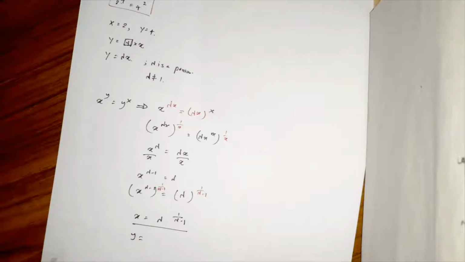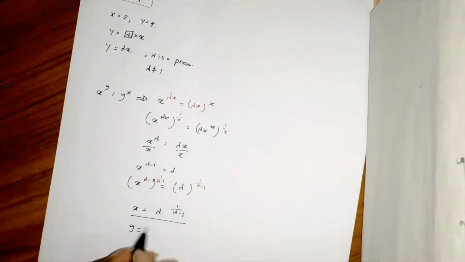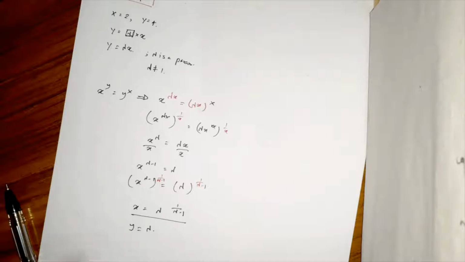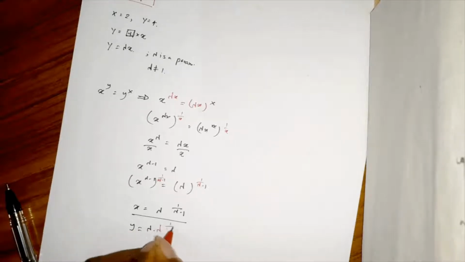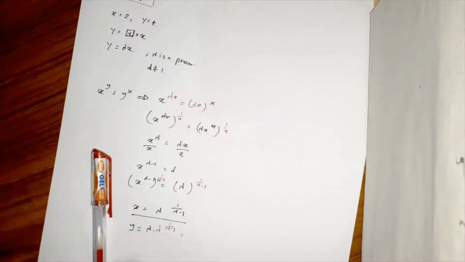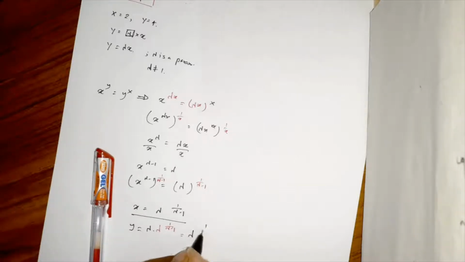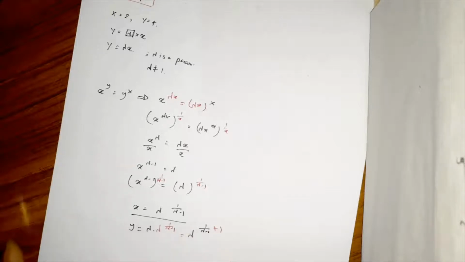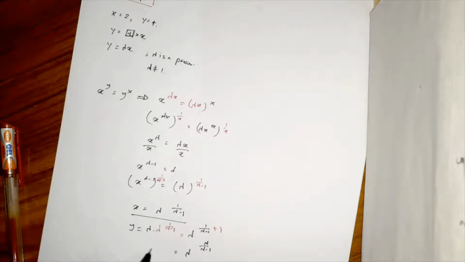Of course y is lambda times x, so y equals lambda times lambda to the power 1 over lambda minus 1. The plus 1 and minus 1 in the exponent combine, giving lambda to the power lambda over lambda minus 1, and this is y.